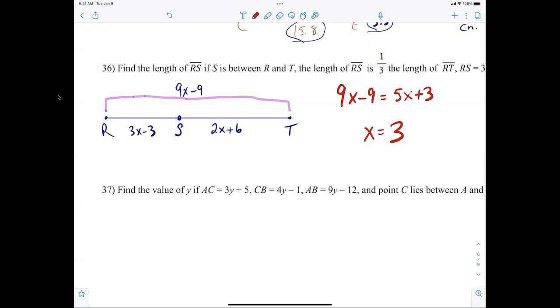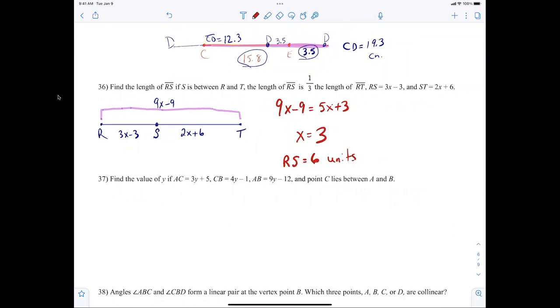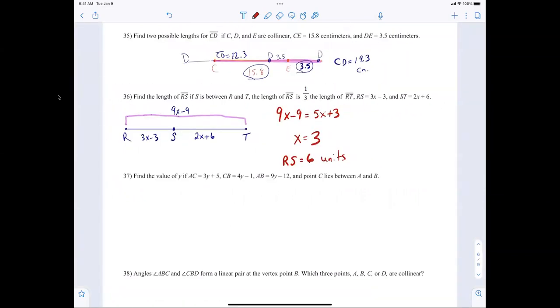Everybody's good with x equals 3? But it says find the length of what? RS. So then RS must have been what? 6. All right, RS is 6. All right, that was good. That was very good.